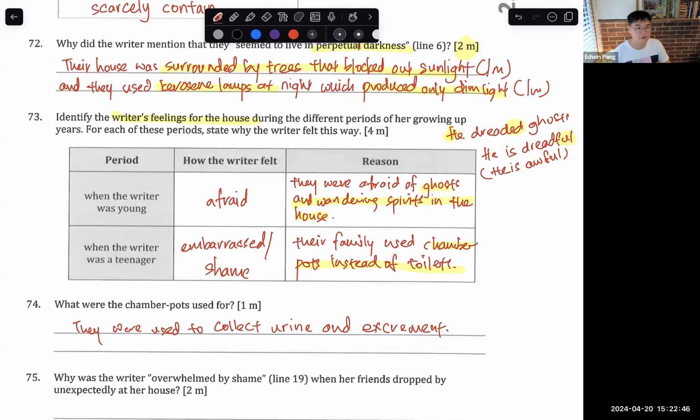You're not using the correct term that is used in the passage. Urine and excrement or feces, but feces is not the word used here, it's excrement. Okay, so just use what is given here. What dropping? You think you're a bird, is it? Only birds have droppings. Humans don't drop. Humans excrete. Do I make myself clear? Okay.